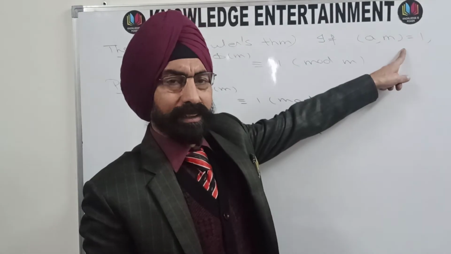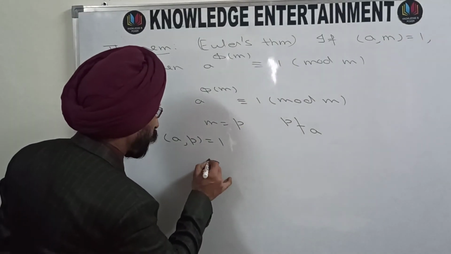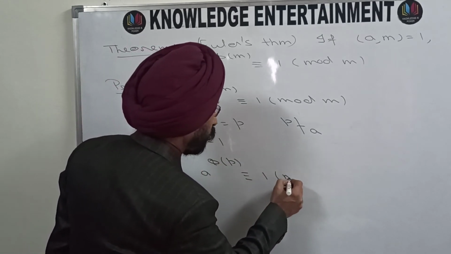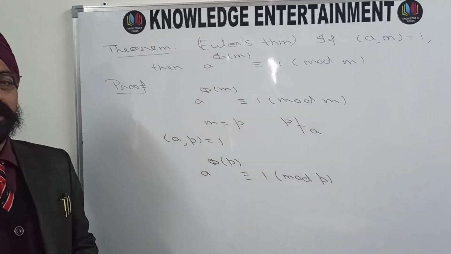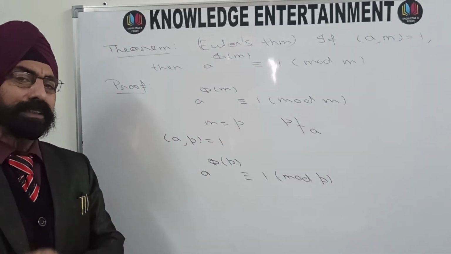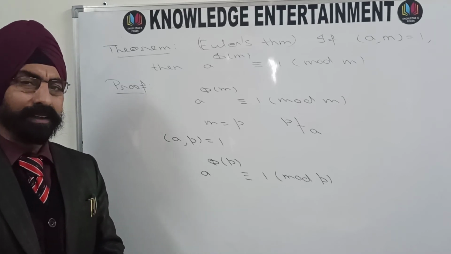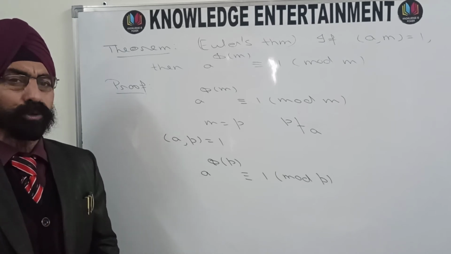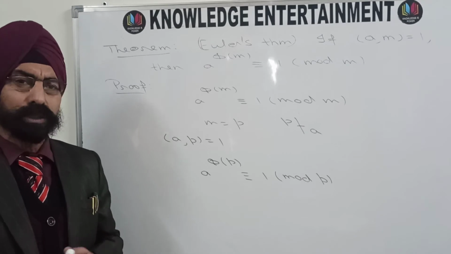So this result will be a raised to the power φ(p) is congruent to 1 modulo p. But what is φ(p)? For a prime number, suppose you take the prime number 7. What will be the value of φ(7)? The number of natural numbers less than 7 co-prime to 7. Every natural number less than 7 is co-prime to 7.